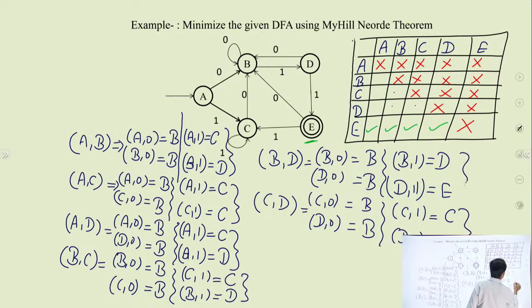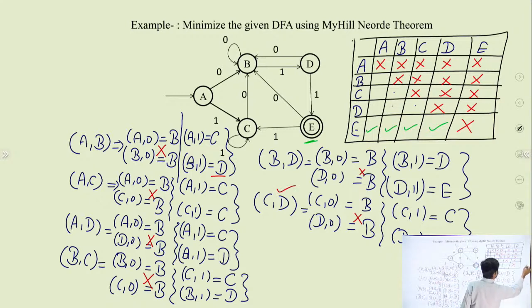These are the pairs. Now check whether these pairs are marked or not. BB is not marked, BB is not marked. Now see CD: CC is fine, but CD is not marked. Now see EC, it is marked here, so we mark CD.